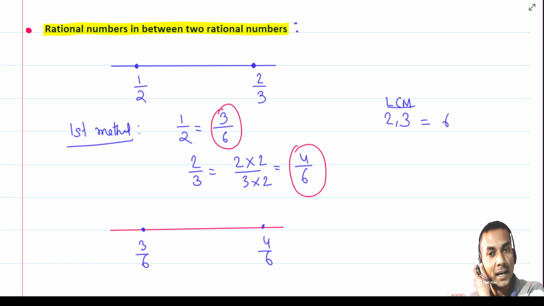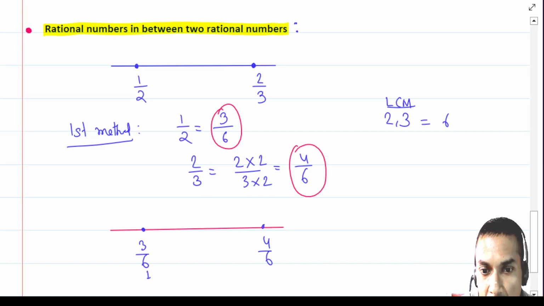But I can't find any value in this way. So what do you have to do? You have to convert into like fractions again. Multiply by 2, so 3 by 6 becomes 6 by 12, and here also multiply by 2, you get 8 by 12.